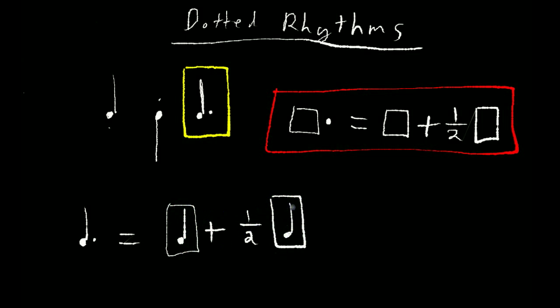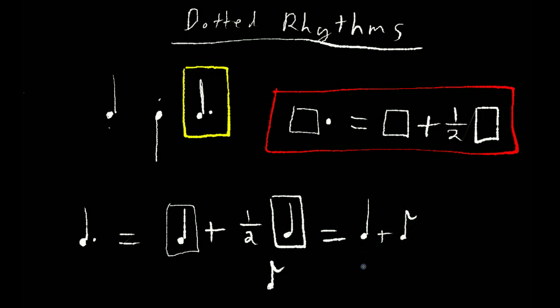Now, what in terms of rhythmic value is 1/2 of a quarter note? It's an eighth note, isn't it? Because you can fit 2 eighth notes into 1 quarter note. So a dotted quarter note is equal to the same amount of space as a quarter note plus an eighth note.